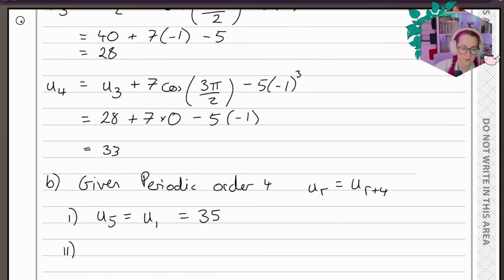Part 2 then. If it helps, cos is just the x value of the point on the unit circle at that angle. And then sine is the y value.